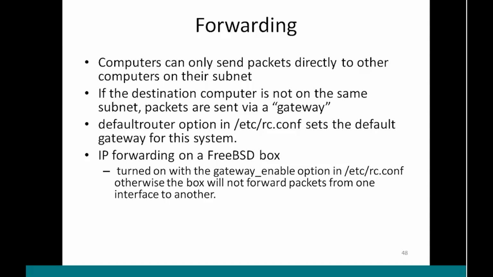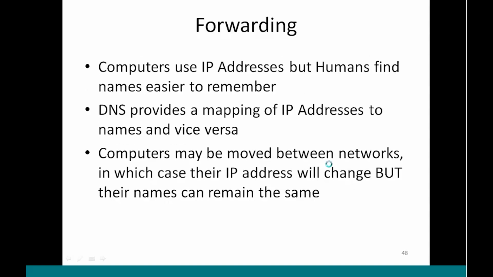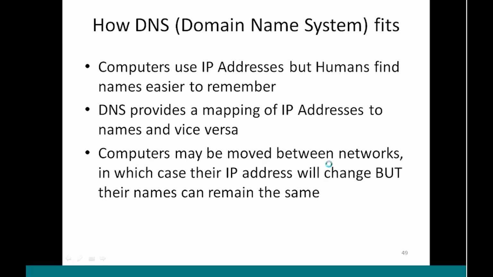So let's look at the DNS itself. DNS is the domain name system. Computers use IP addresses, but for humans it's very hard to remember those IP addresses. So DNS provides a mapping of IP addresses to machine names, and vice versa.